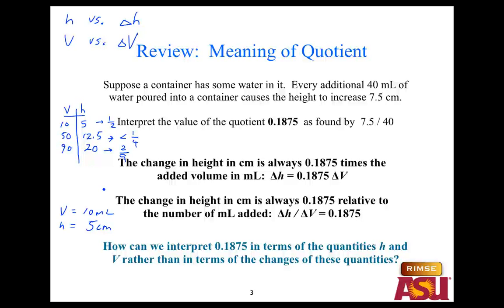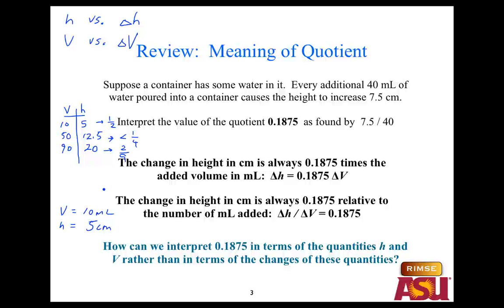So do you see how I'm talking about H and V now? How is H changing relative to V? But it's still a change in the quantity and not the quantity itself. True, that's right. But how is H changing relative to V? 0.1875 times as fast. H is changing this fast relative to V. So it's kind of in between, right?